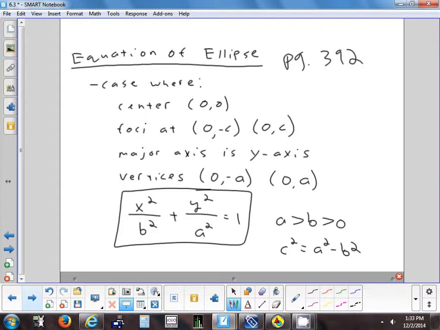Put the bigger number under x, the major axis goes along the x. But other than switching a and b, the equation is the same. Still equals 1, still a plus sign, still x squared plus y squared. X will always come first, y will always come second. A and b can switch places.